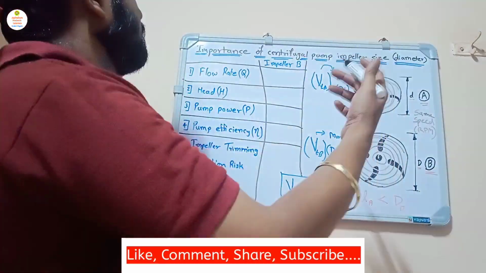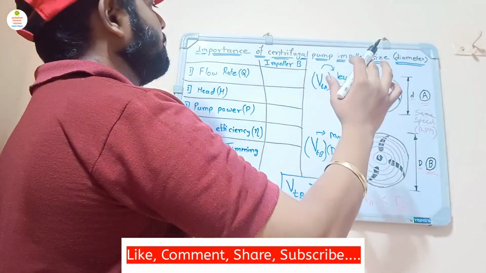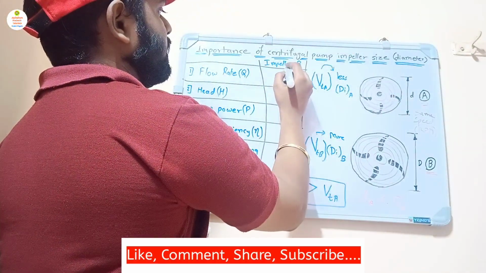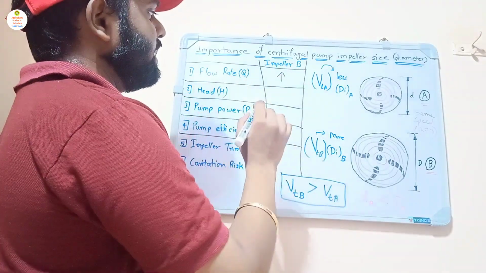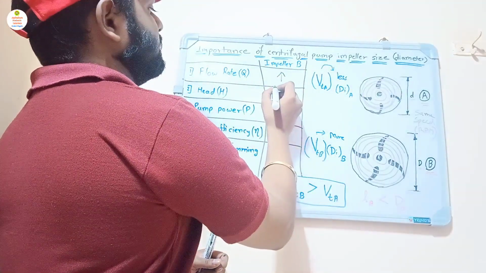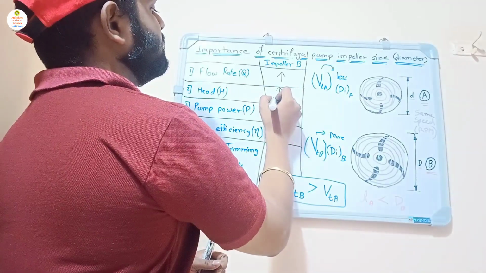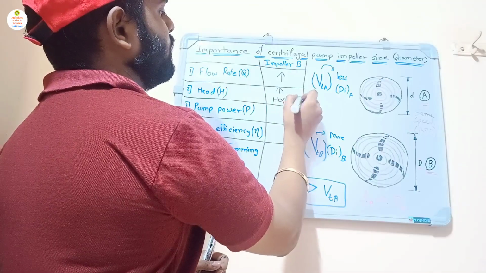So as we increase the diameter or size of the impeller, its flow rate increases. Its head also increases as we increase the diameter of the impeller, and head is directly proportional to d square.